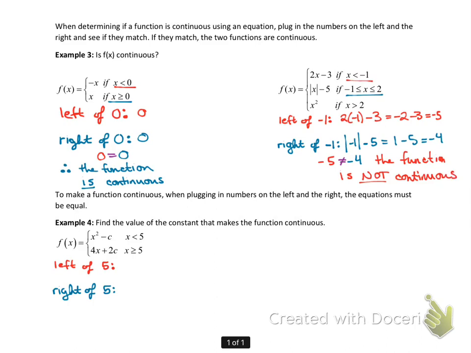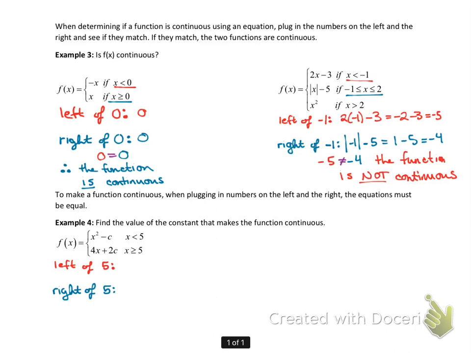Now, what if I'm given an equation with variables in it and I want to make it continuous? Like, my job is to make sure it's continuous. Then there's going to be some letter that represents a number that we're going to have to solve for so that it is continuous. If it is continuous, then when I plug in the number, so 5, in example 4, 5 is where it switches from one equation to the other.